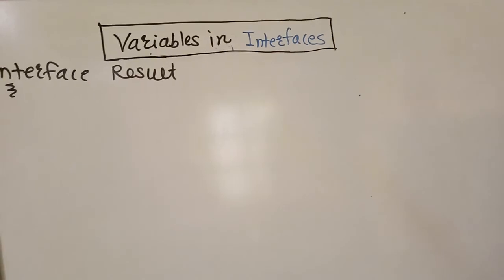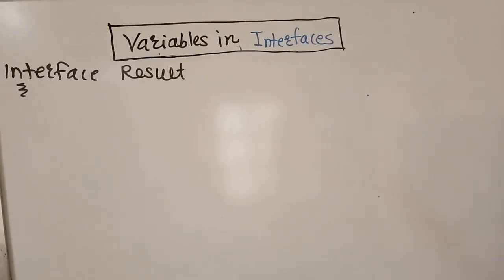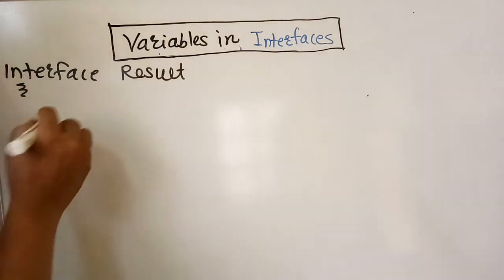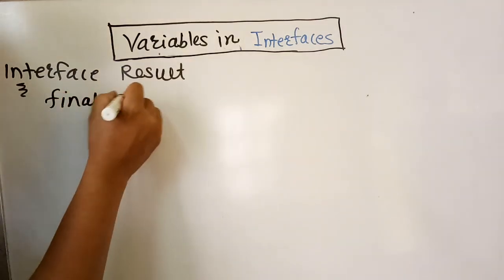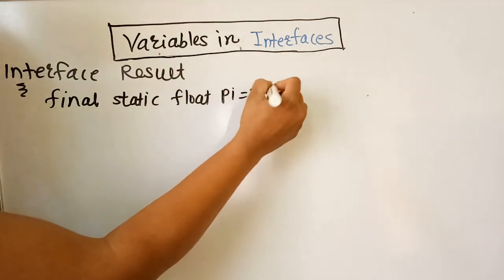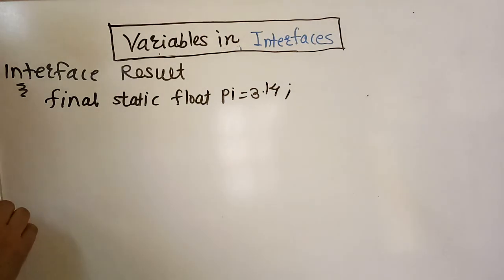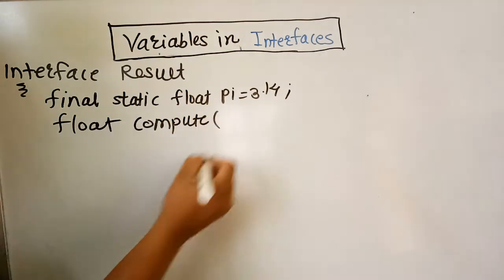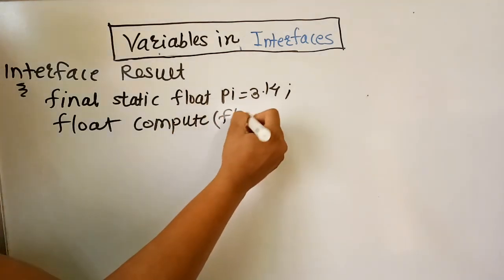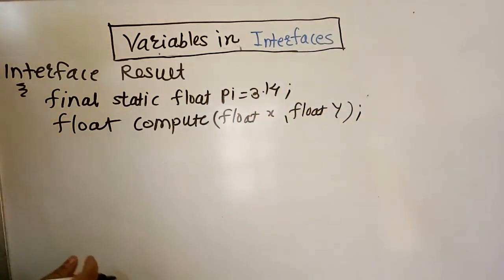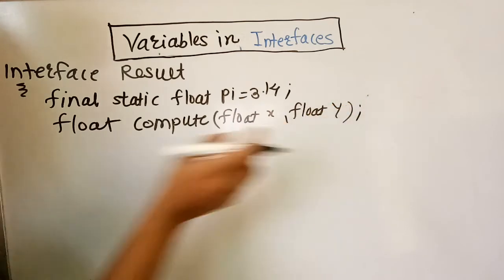We all know that only final variables and abstract methods are allowed here. So we will write final static float pi equals 3.14. Then we will write one method, float type compute, with the variables float x, float y. Because it is a definition, I give the semicolon here.